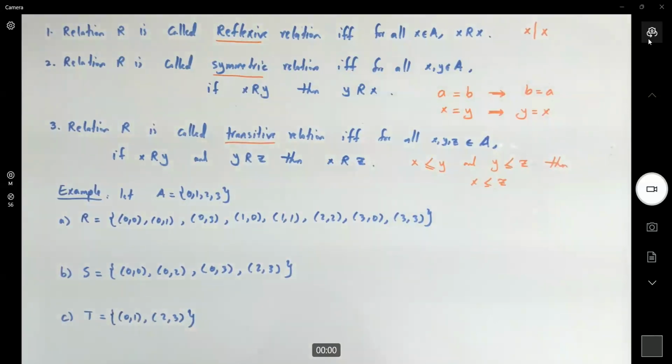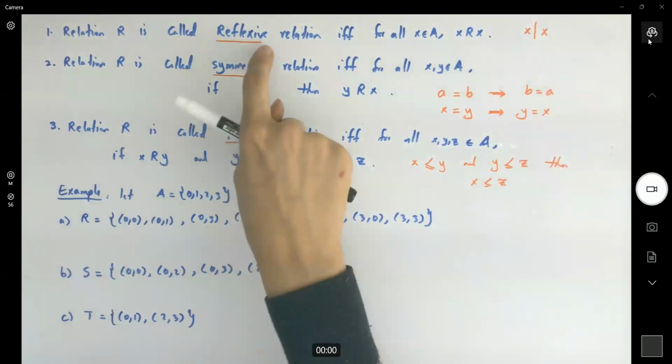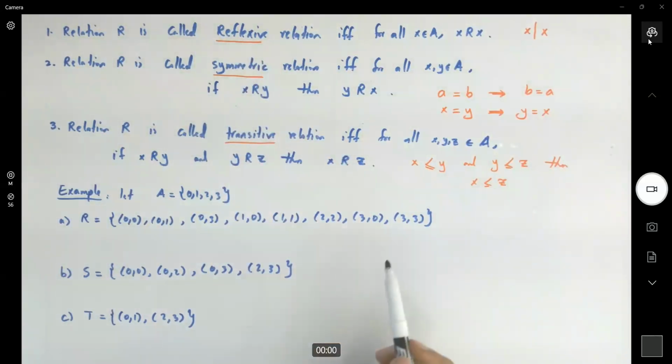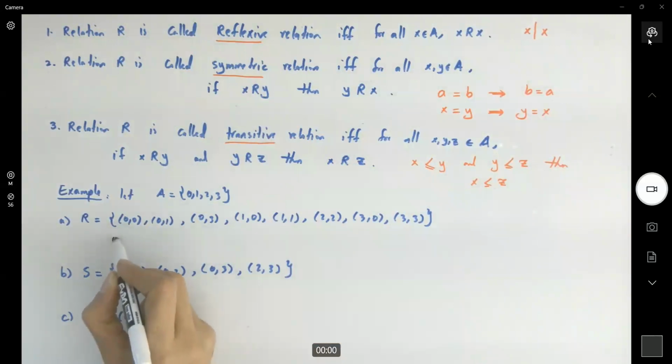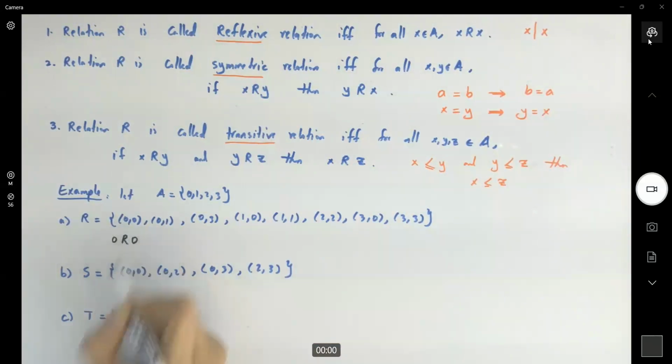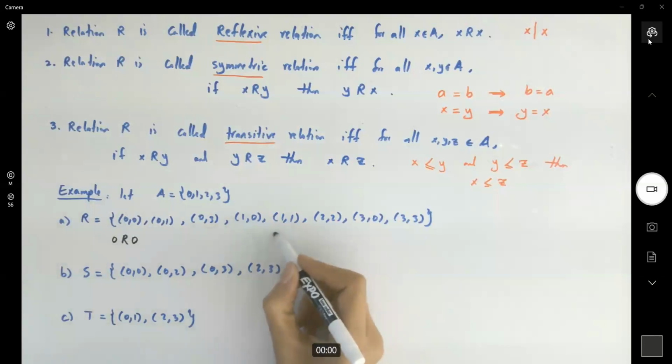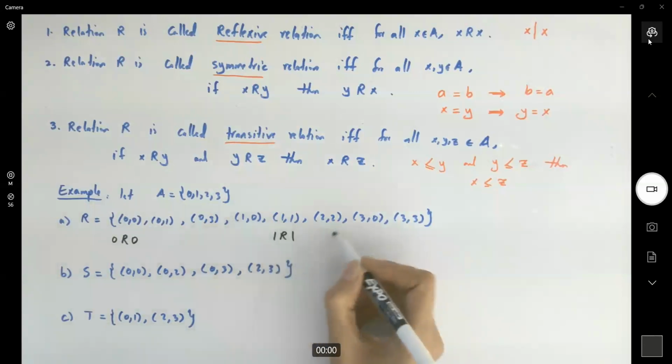So let us analyze this relation R. Is the relation a reflexive relation? Take a look at the loops. You have 0 related to 0. You have 1 related to 1.